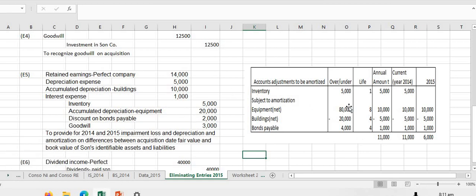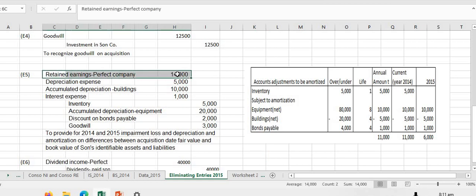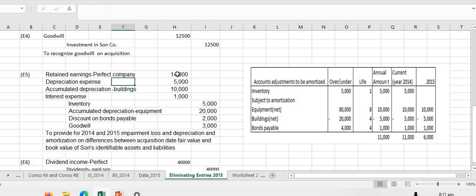So our total amortization last year is actually 11,000, plus the goodwill impairment loss of 3,000. That's why we have retained earnings here, 14,000, right? So for this year, same thing still, our depreciation expense will be debited at 5,000.